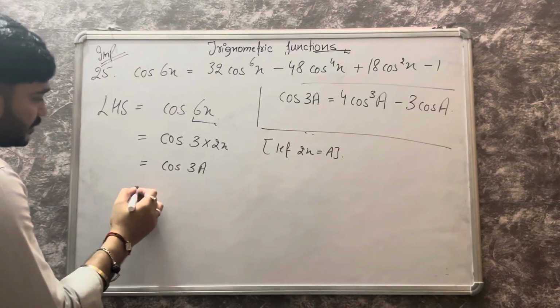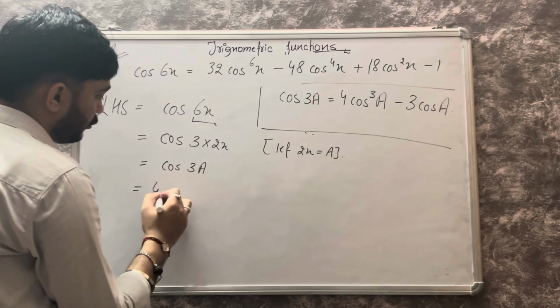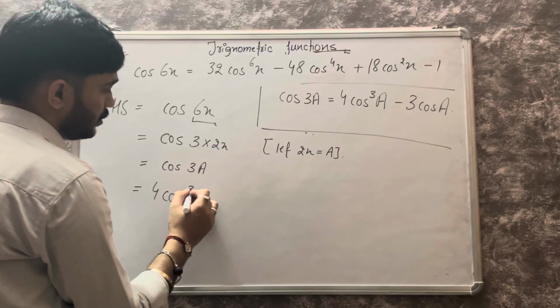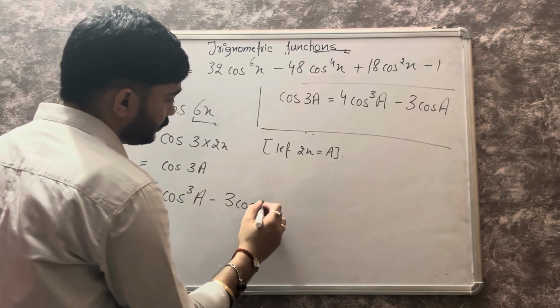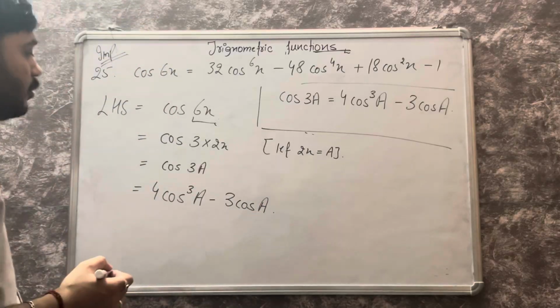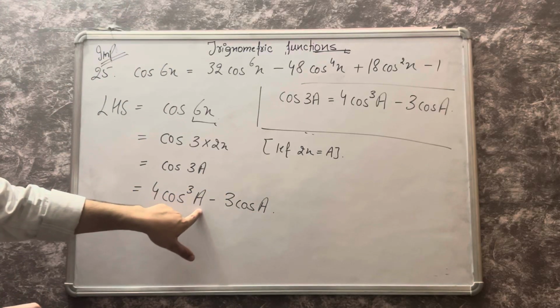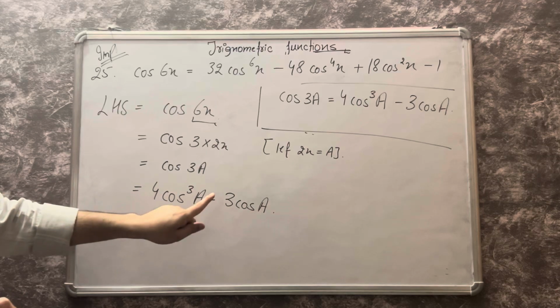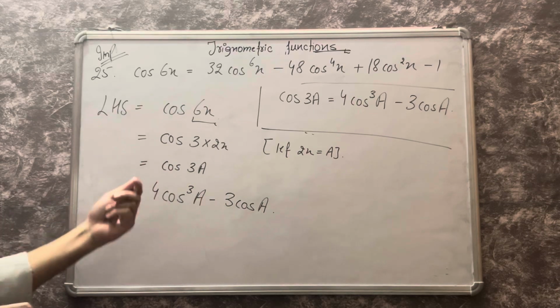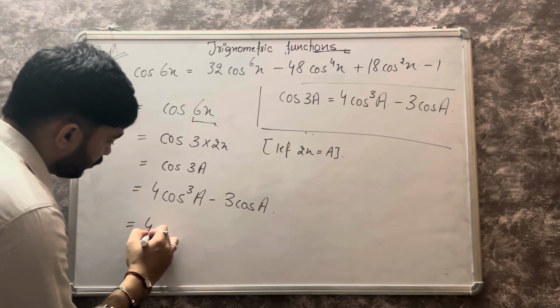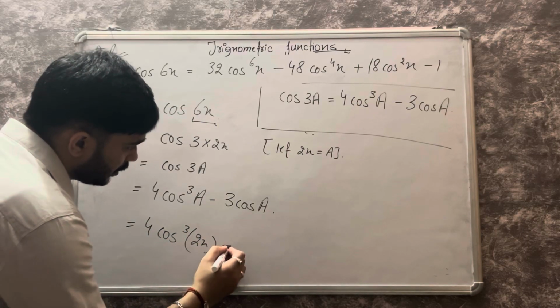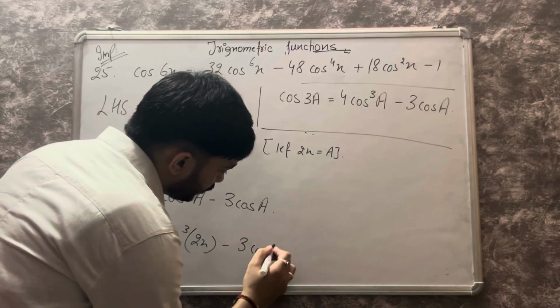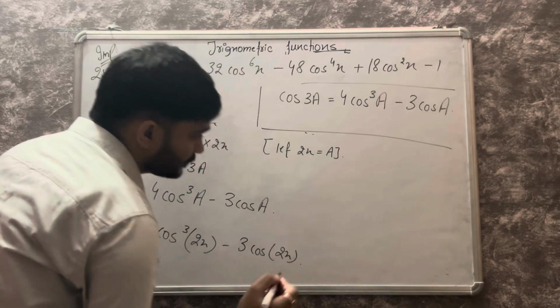Let us apply this formula here. So we will get 4 cos cube a minus 3 cos a. Now we are going to resubstitute this value of a here, because we do not need the dummy variable anymore. So we will get 4 into cos cube of 2x minus 3 into cos of 2x.